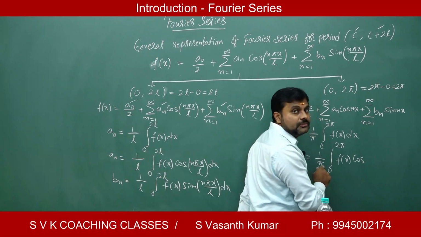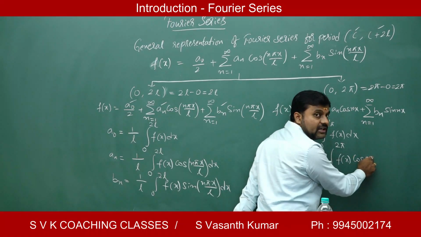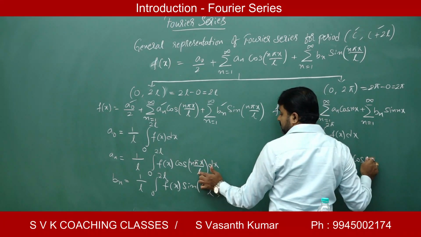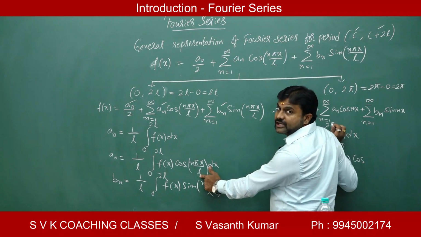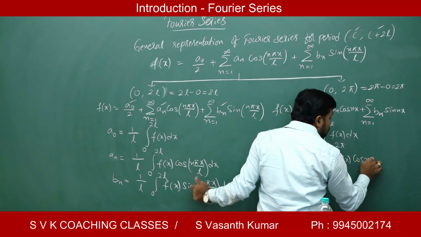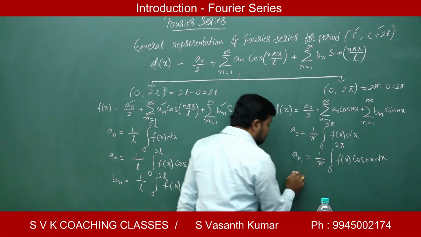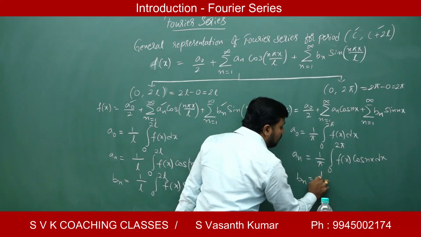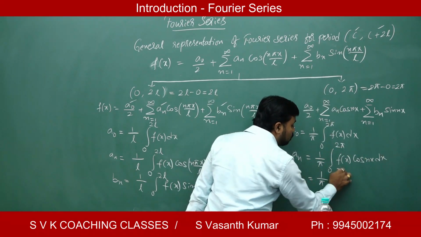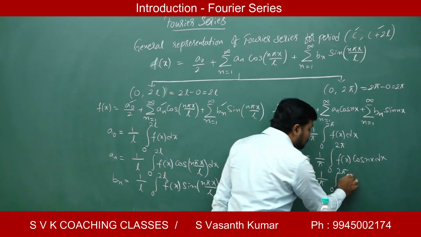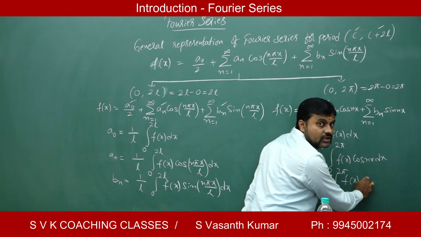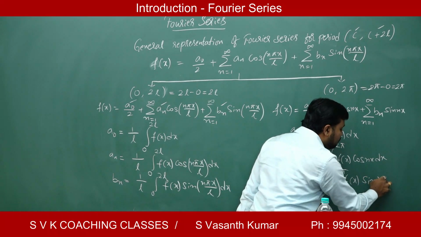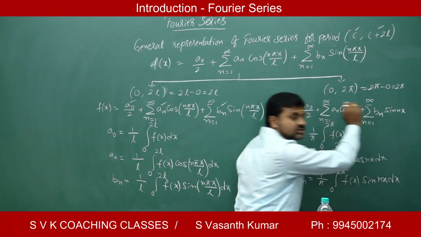cos, substituting pi in place of L. So pi gets cancelled here. If you substitute L equal to pi, it gets cancelled, so you are left with cos nx dx. Similarly, bn equals 1 by pi integral 0 to 2 pi f of x, you are left with sin nx dx.